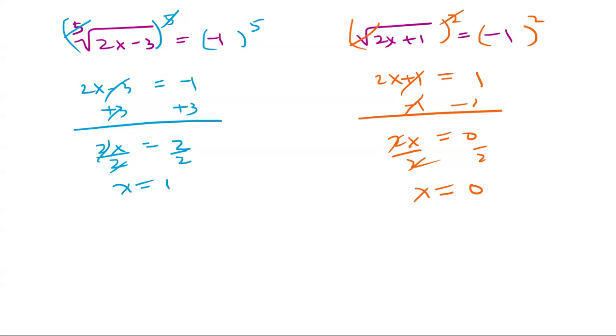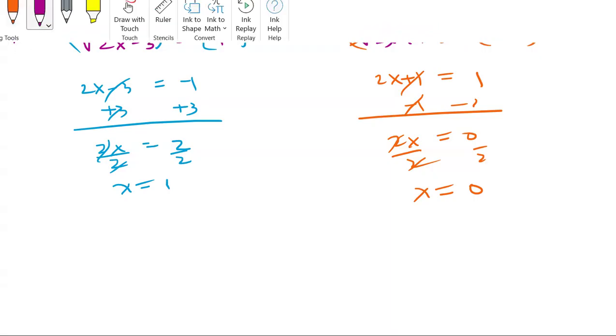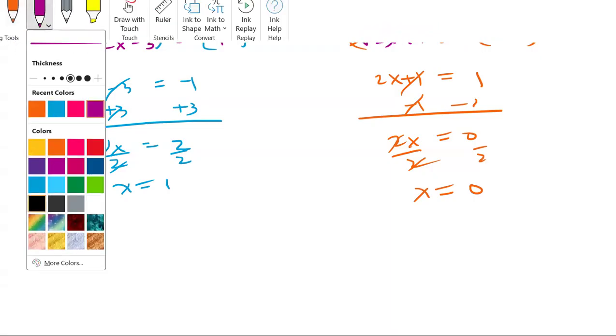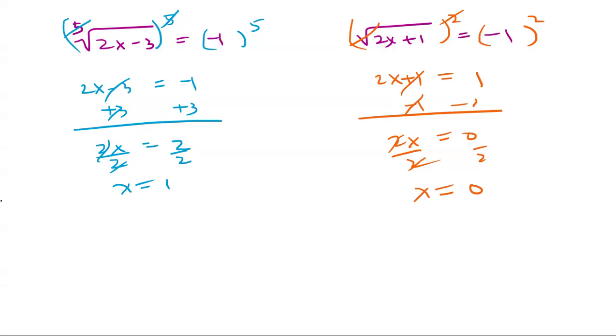How do we know? Well, let's compare two things real quick. Let's say we have the cubic root of -1 versus the square root of -1.